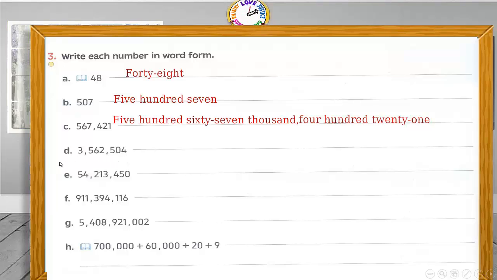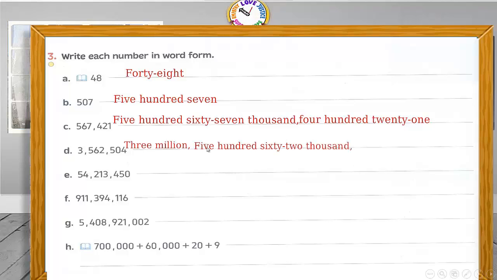As we said or as we read, you should write 3 what? 3 million. You should write here 3 million. 500,000. 562,000. Right? As you say, 562,000. 504. Right here 504.